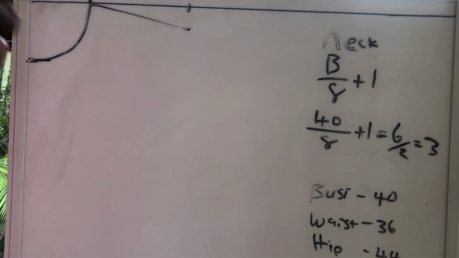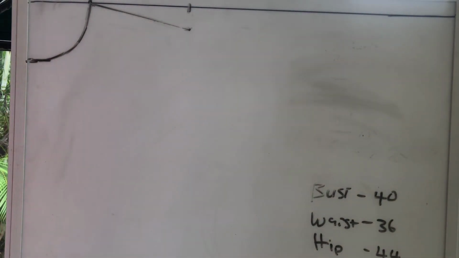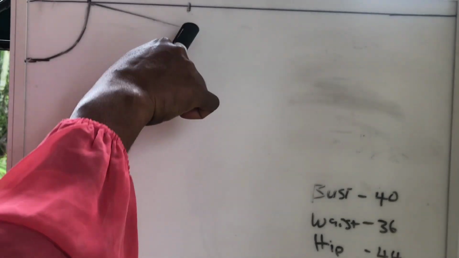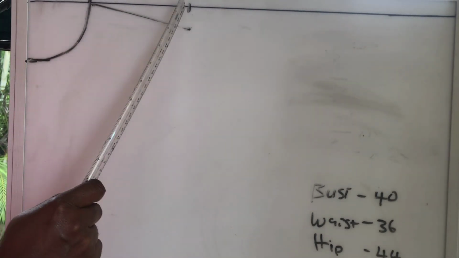Now we come to the armhole depth, on how to get our armhole. If you don't want to stress yourself on the armhole depth, whatever you get on the shoulder is your armhole depth, starting from this place. Do not start from here, start it from here.